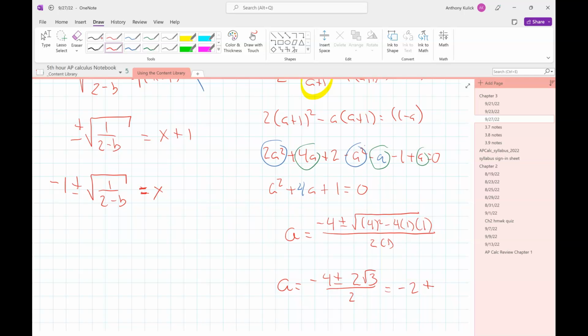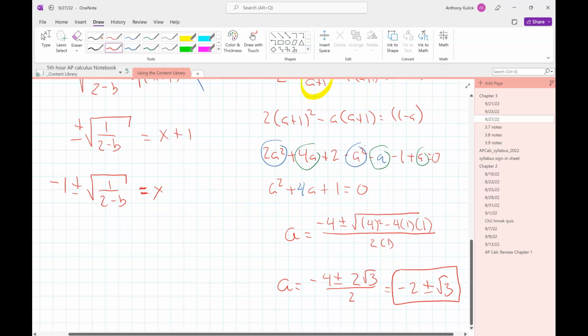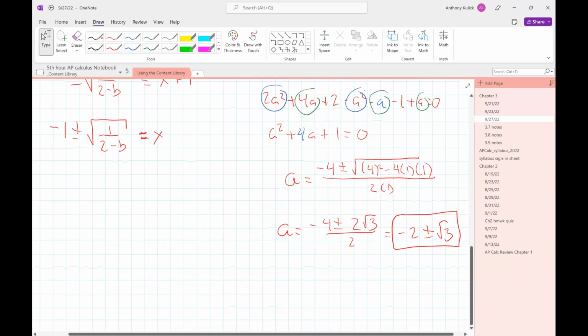And then I reduce that. So I have two values for A that should pass through that point, or whose tangent line should pass through that point. To find their y-coordinate then, I'm going to plug this back into the original function.